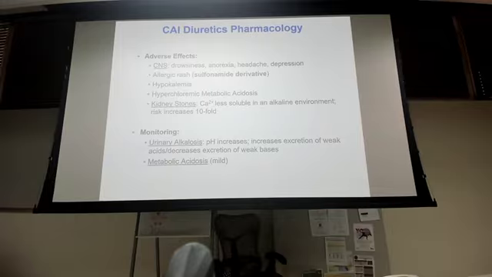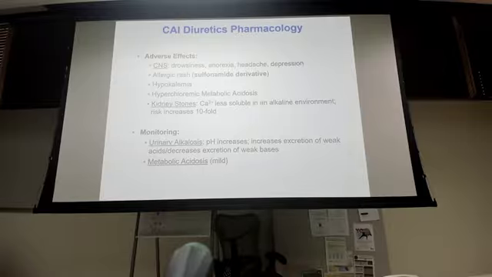Common adverse effects: drowsiness, fatigue, headache. Hypokalemia. Almost all of our diuretics cause hypokalemia. Hyperchloremic metabolic acidosis. Once again, that's the same as the slide we just talked about. Adverse effect: kidney stones, because calcium salts are less soluble in alkaline urine.